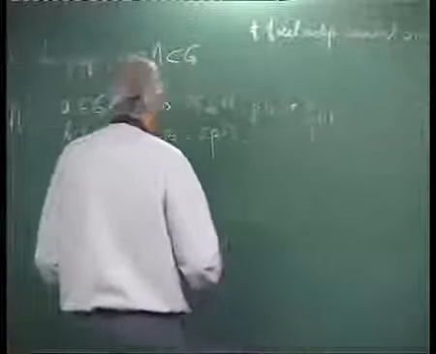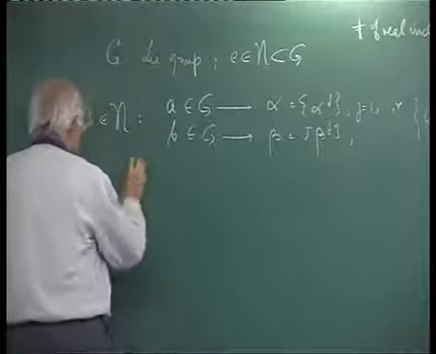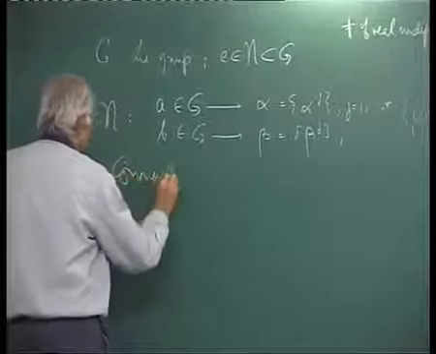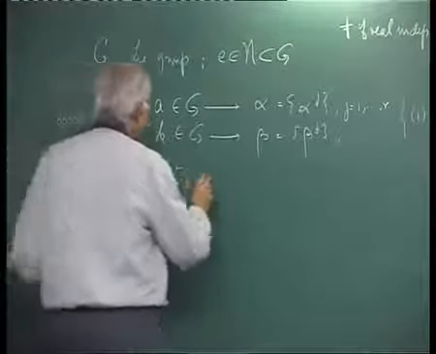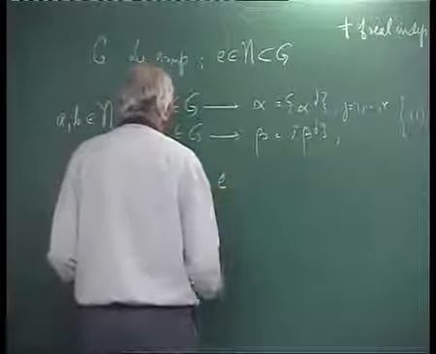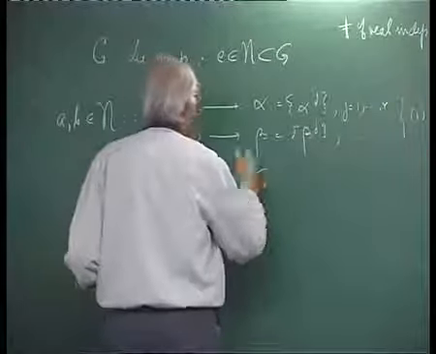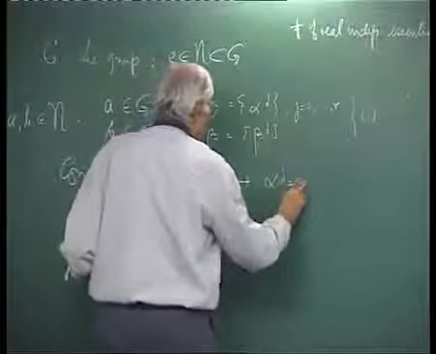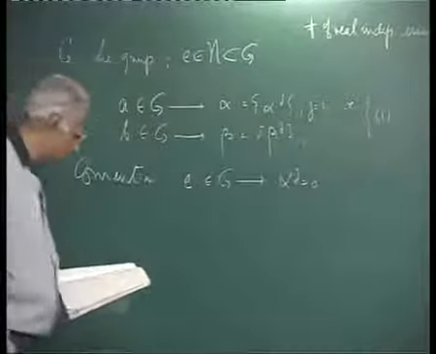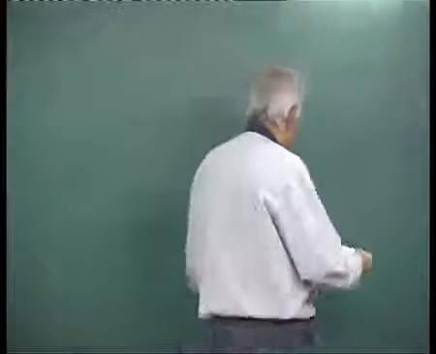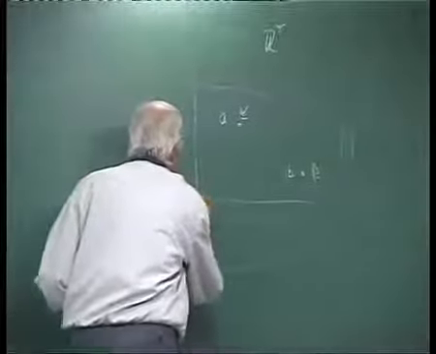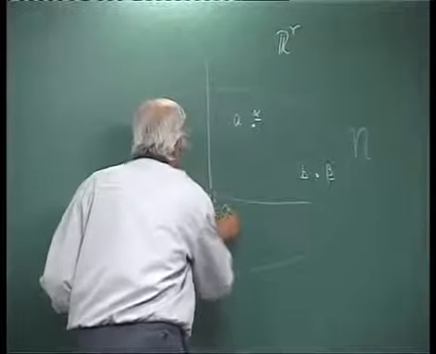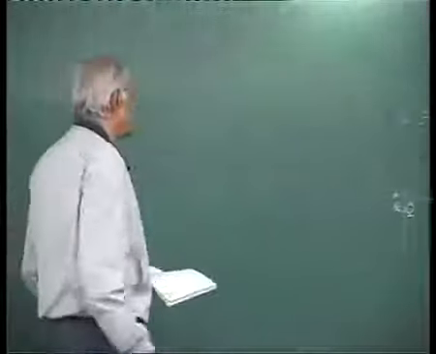Now we make a convention. Just for convenience, always the unit or the identity element in G, which is also in the neighborhood N, will be assigned the coordinates or parameter values 0. So, in this picture, the origin corresponding to the r-dimensional vector 0 represents the group element identity.